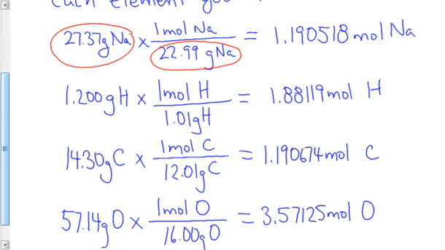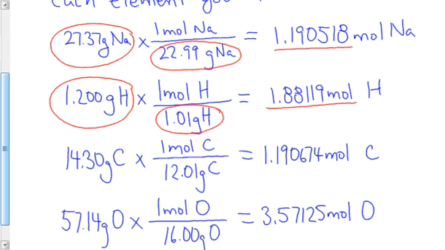So if I multiply, I find out that I have a little more than 1 mole of sodium in my sample. I do the same thing for hydrogen. I have 1.2 grams of hydrogen. I know the molar mass of hydrogen is 1.01 grams. So when I multiply through by this, I get a little more than 1 mole of hydrogen.